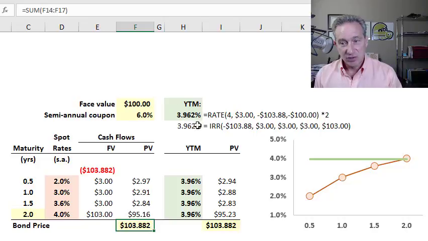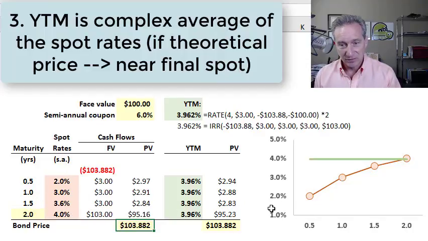The yield to maturity is also a complex weighted average of the spot prices. And the reason I point that out is for a very practical reason, and that is that if we're short on time on an exam, for example, in practice, this yield to maturity of 3.962 is going to be a weighted average of these spot rates, and you'll notice as usual, most of the cash is at the end, and my 3.9 is pretty close to the 4%.